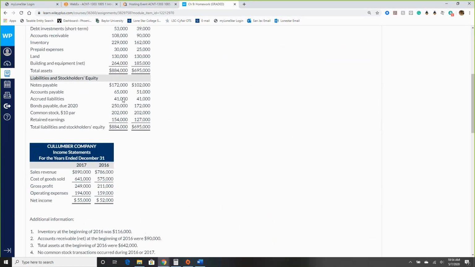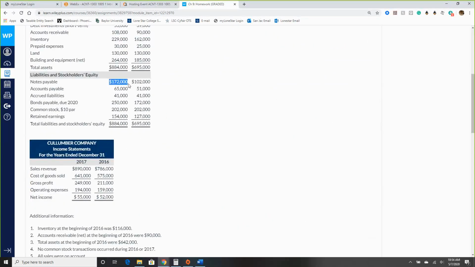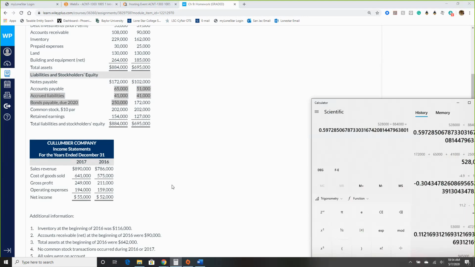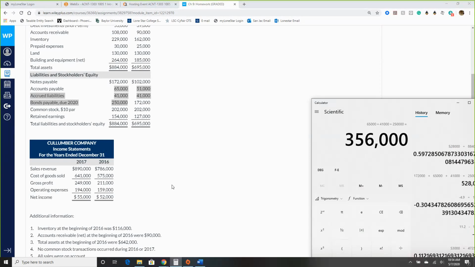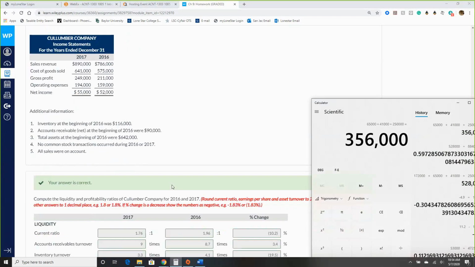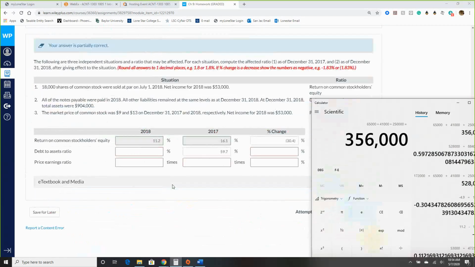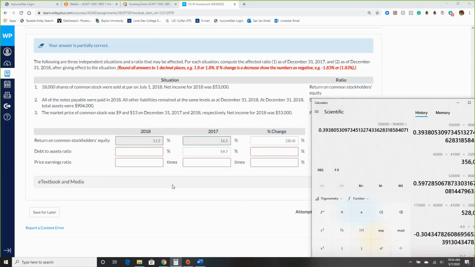So all that they're really saying is they got rid of this number. So it's just the addition of these three. So 65,000 plus 41 plus 250 equals 356,000 divided by 904. We're left at 39.4%.